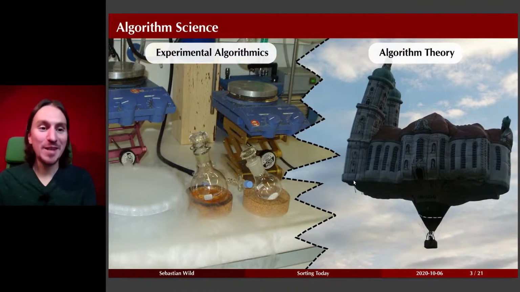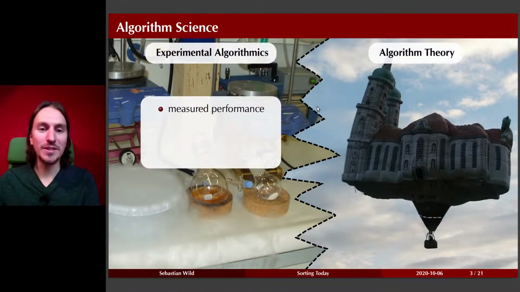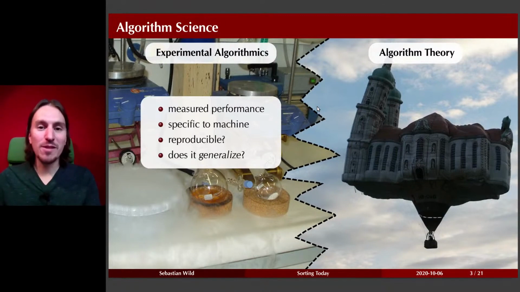And here's what I mean by algorithm science. It's a bit of an attempt to bridge a gap between two fields that I see within algorithms research. On one side, experimental algorithmics, and on the other side, algorithm theory. I'll briefly try to summarize what the fields' goals are. In experimental algorithmics or algorithm engineering, people try to make a solution for a specific problem as fast as they can, on a specific machine, and maybe for specific inputs.